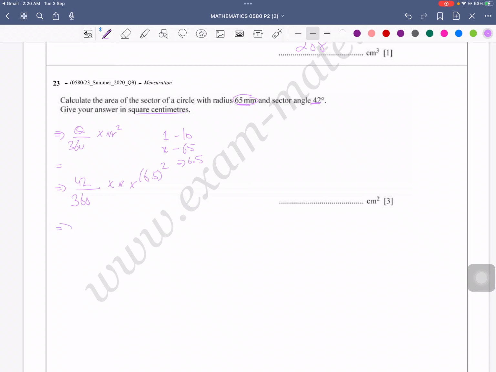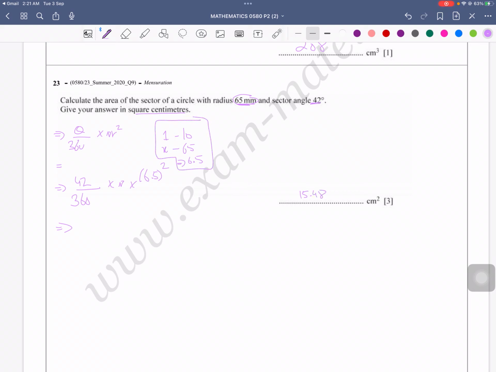This square will be in centimeter square. So this is how we get our answer, and our answer is 15.48 centimeters square. Just going to explain this part again.